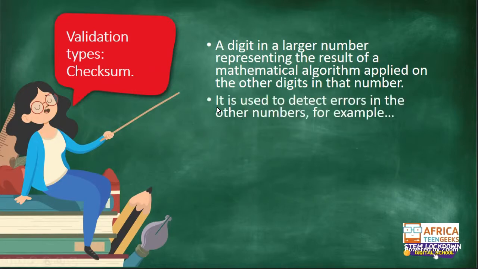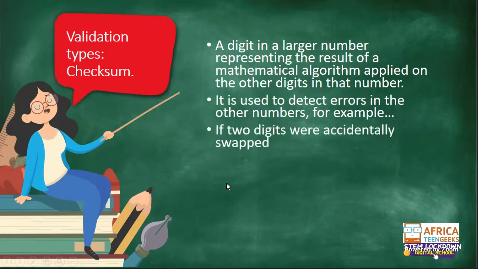All right, so why do we use it? It is used to detect errors in the other numbers. For example, if 2 digits were accidentally swapped, what they call a transposition of 2 digits. So maybe digit 3 and 4 were accidentally swapped around. Again, think about those ladies at the till at Checkers.